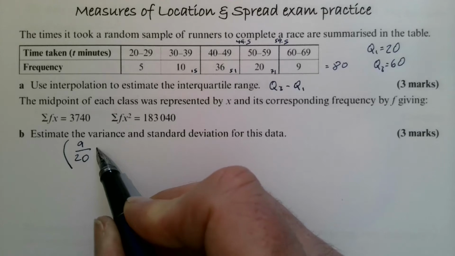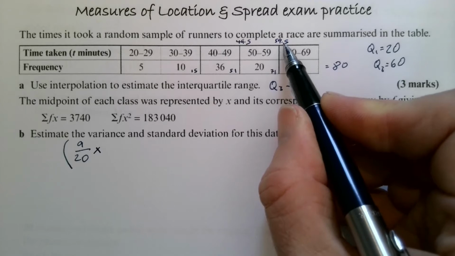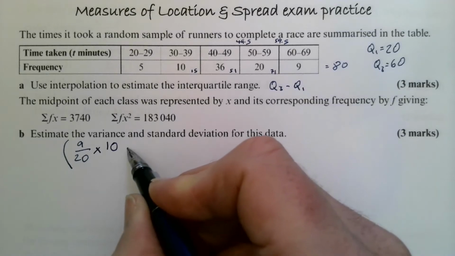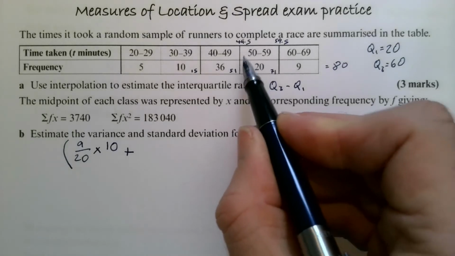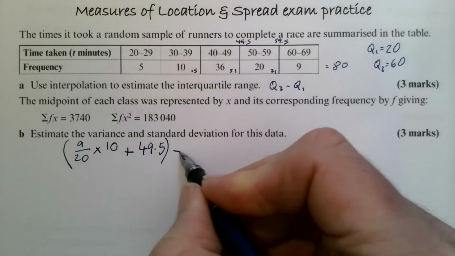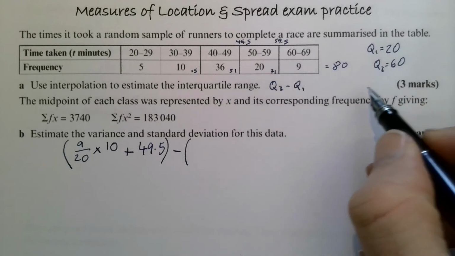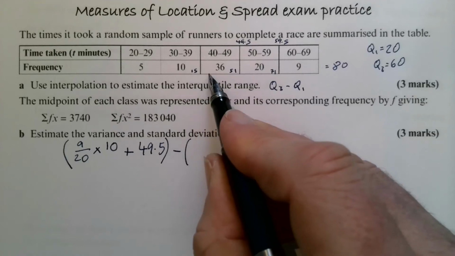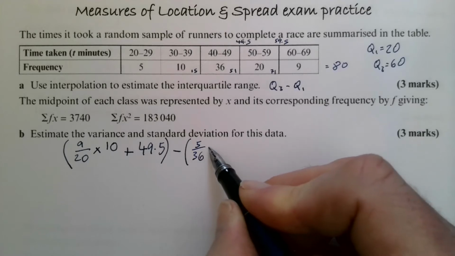So 9/20 times, what width is that? That is actually a width of 10, isn't it? Times 10, and we're going to be adding that to where this boundary starts, and that boundary starts at 49.5, and we're going to be taking from that Q1, which is the 20th, so we've got 15 to there, so that's 5 into the 36 that we've got, so 5/36.